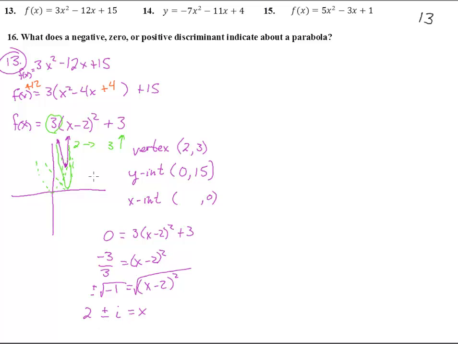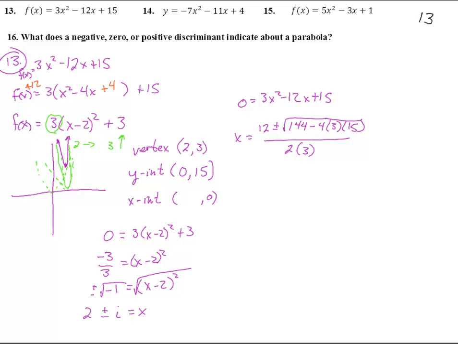Now there's something that I wanted to show you on here. If you would have started from the very beginning and tried to find the x-intercepts by solving this equation, 0 equals 3x squared minus 12x plus 15, you could have done the quadratic formula. x equals negative b plus or minus the square root of b squared minus 4 times a times c, all over 2a.